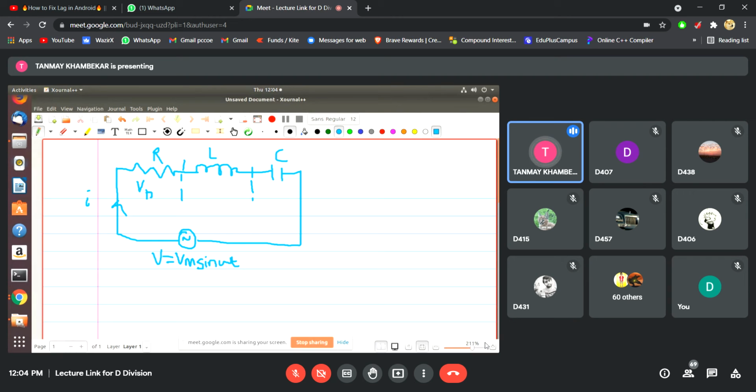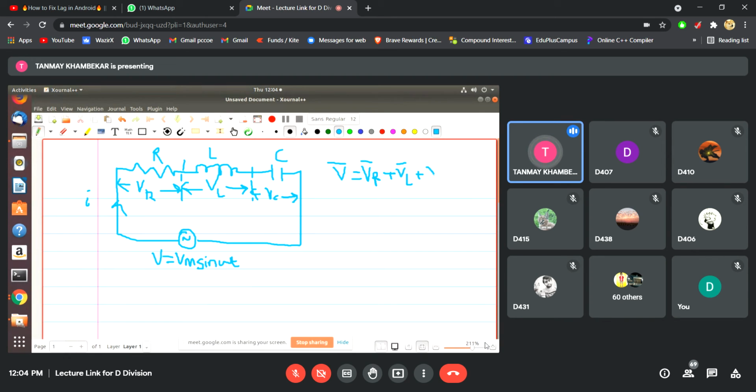Voltage drop across R is VR, across L is VL, and across C is VC. According to Kirchhoff's law, V bar is equal to VR bar plus VL bar plus VC bar.